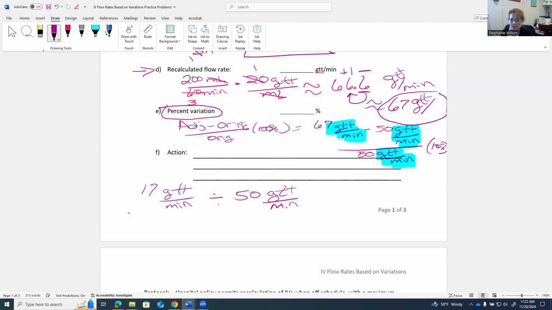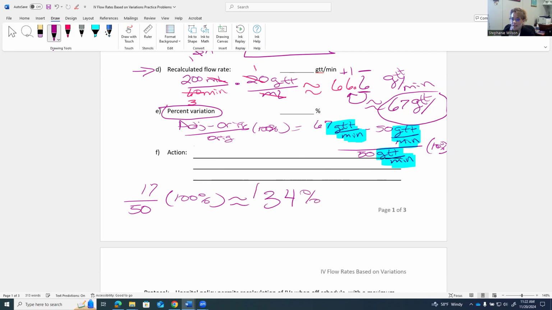Remember we do a keep change flip. So this here flips and the units reduce, and now we don't need them anymore. It's just basic math. So they become 1, so I'm left with 17 over 50 times that 100%. So 17 divided by 50, and then let's times it by 100, which is 34%.